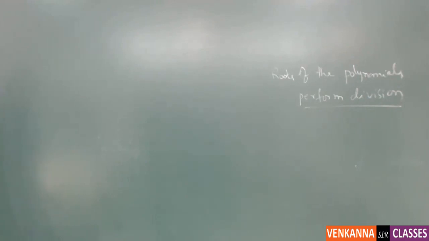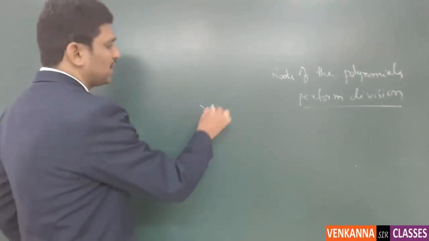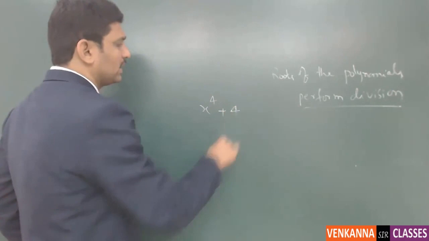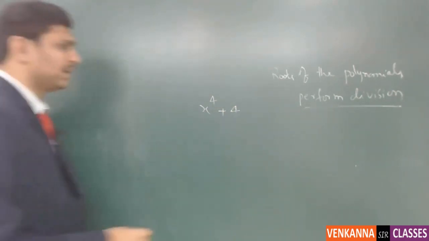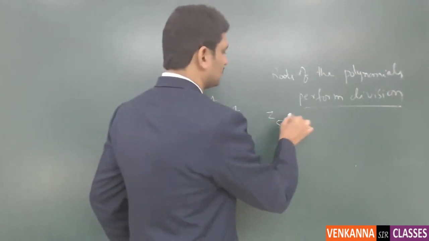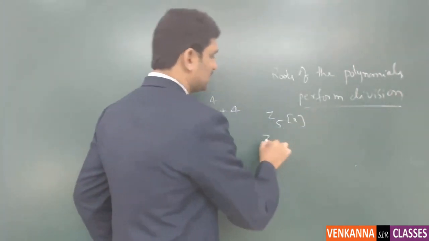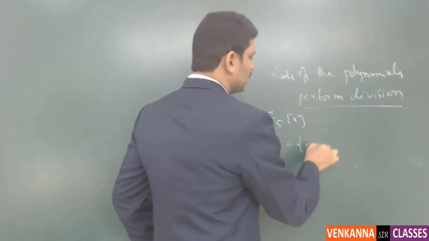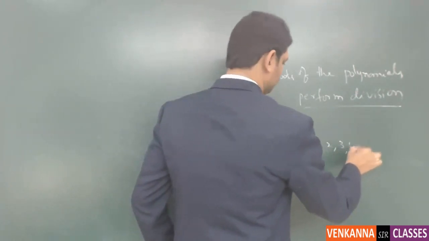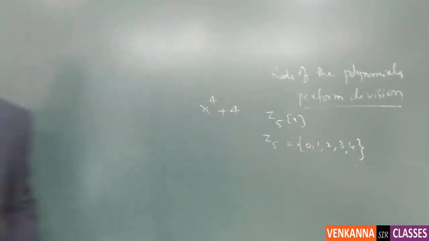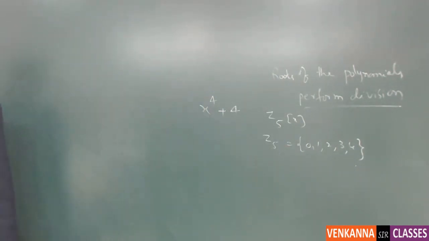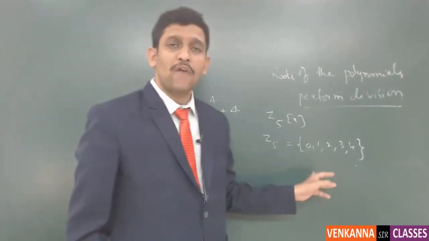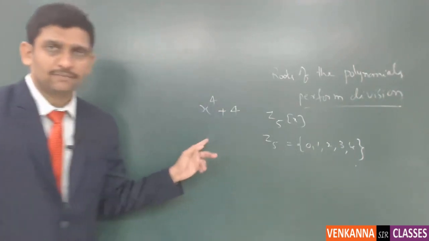Now see, suppose we have taken the polynomial x power 4 plus 4, and it is taken on the ring Z5 of x, because Z5 is nothing but 0, 1, 2, 3, 4. If you want to say what are the roots of this polynomial in the set Z5, you simply substitute one after the other all these values here.